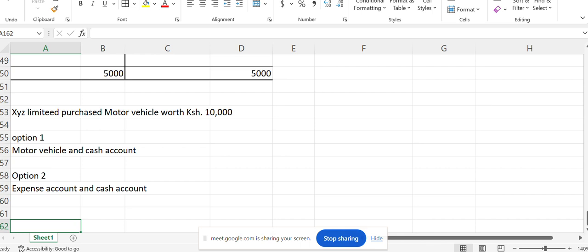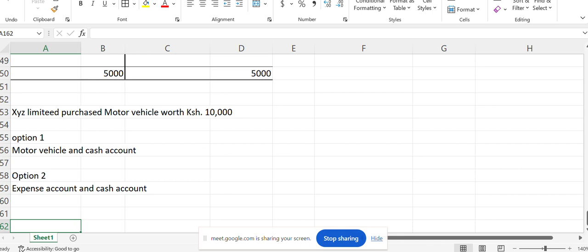An accountant that opened motor vehicle and cash account, and an accountant that opened expense account and cash account, both will have the same total in the trial balance, because motor vehicle is an asset and assets are usually debited, and expense accounts are also usually debited. So you get the same total.